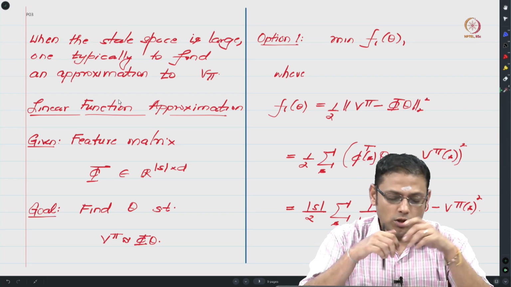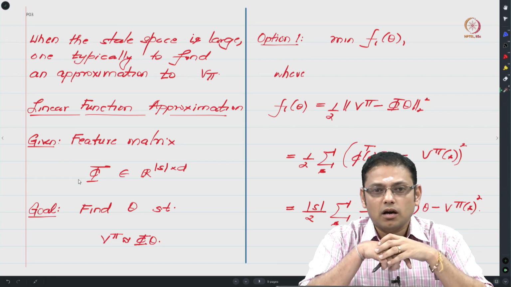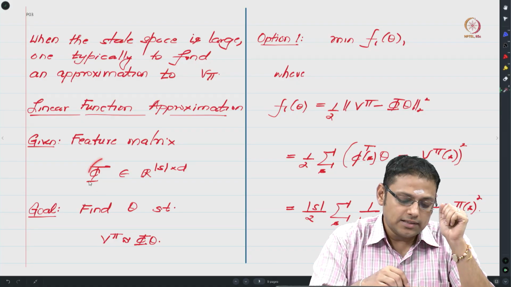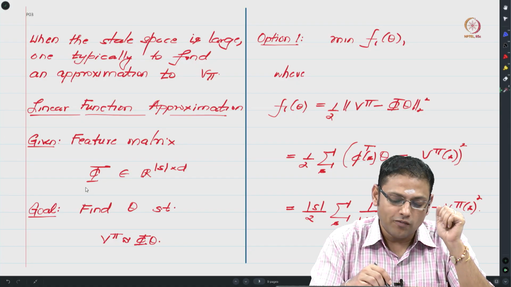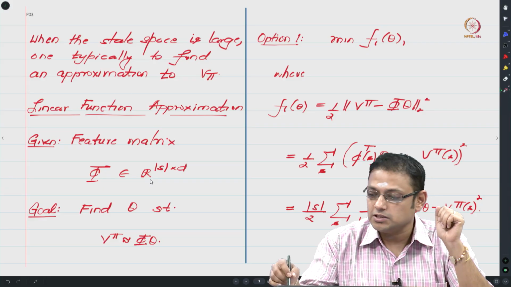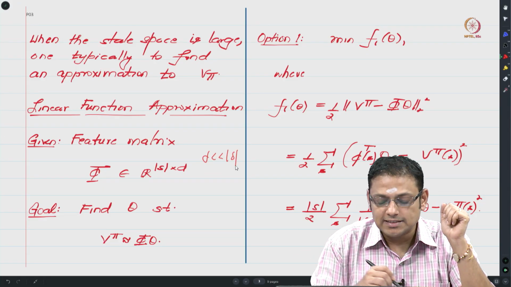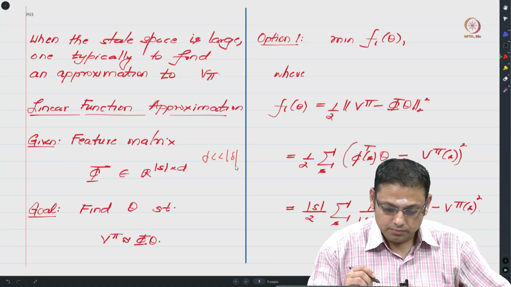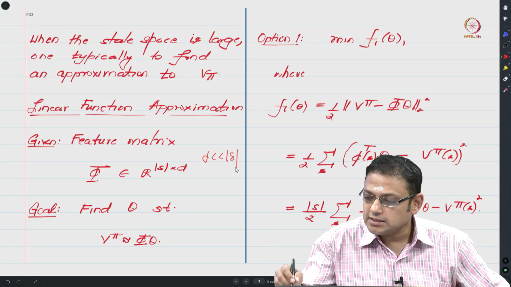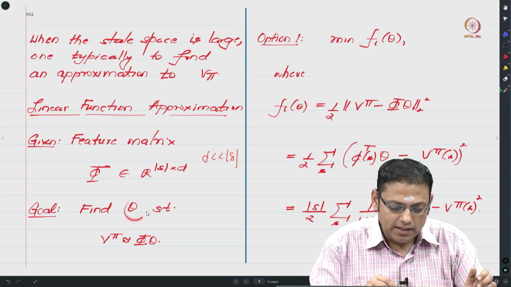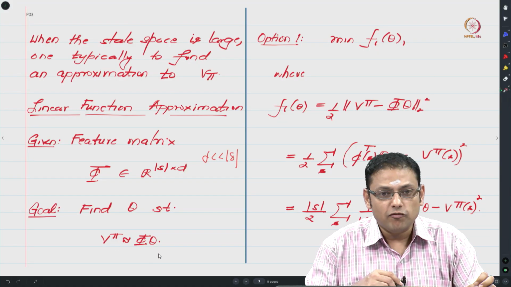Here what is the goal? Well, we have been given some matrix phi, which is known, and this matrix phi is presumed to be of dimension cardinality of S times D, and this D is typically assumed to be significantly less than the cardinality of the state space. The goal then is to find a theta such that V pi is approximately phi theta.